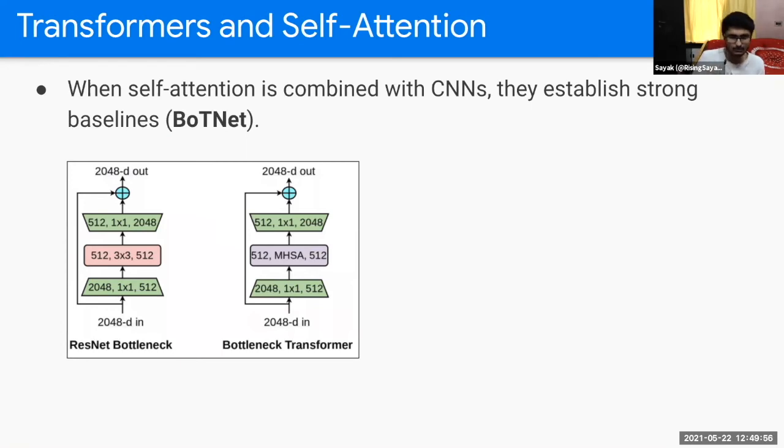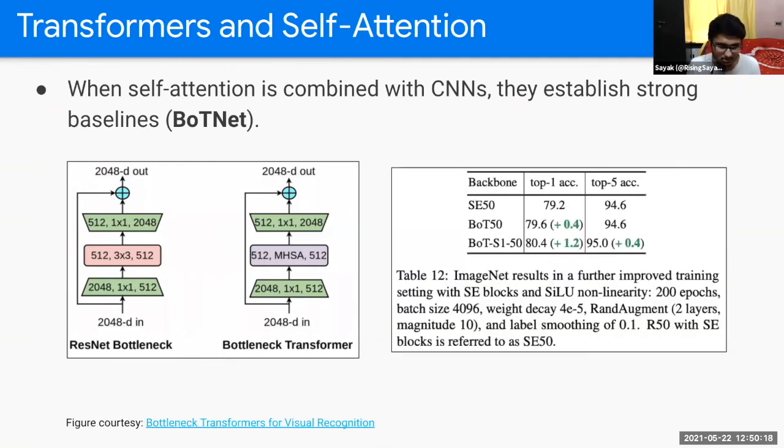On the right hand side, we have these bottleneck layers replaced with multi-head self-attention layers and nothing else, right? We have 512 blocks. It's just that these are now multi-head self-attention layers. We have replaced 3x3 convolutions with self-attention layers. That's it. And it's able to generate performance even better than pure convolutional layers.